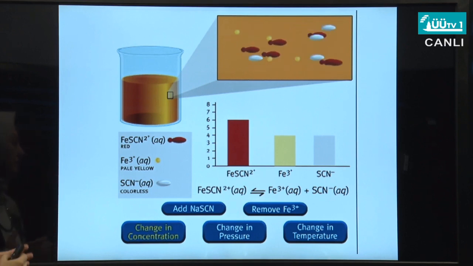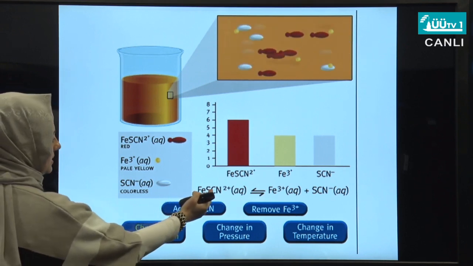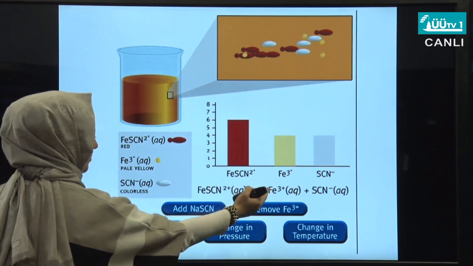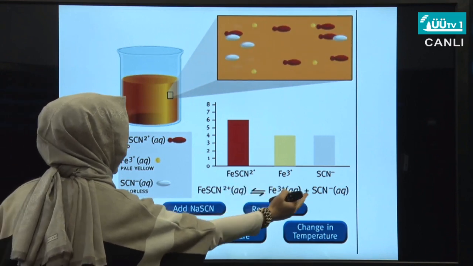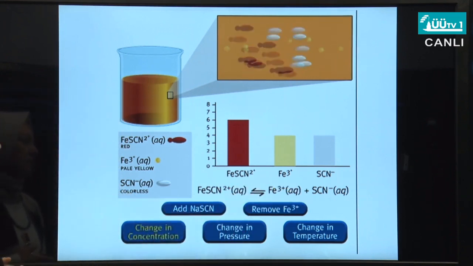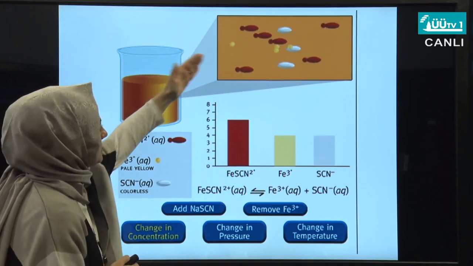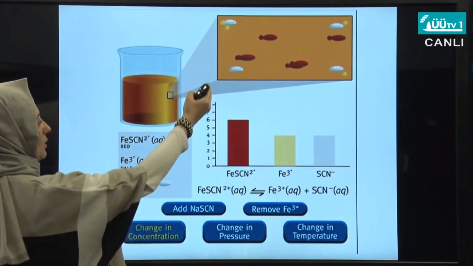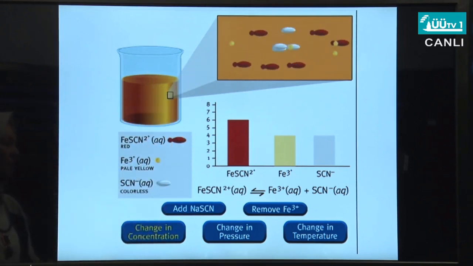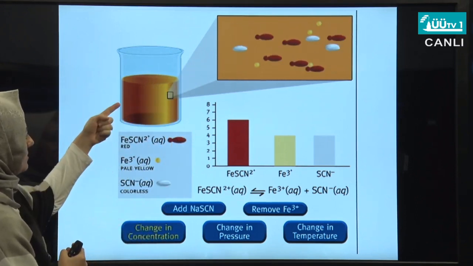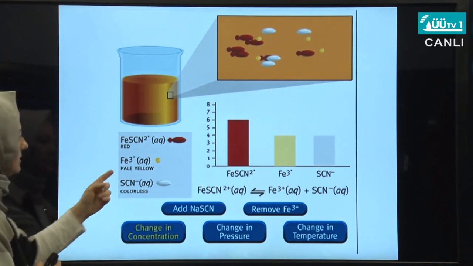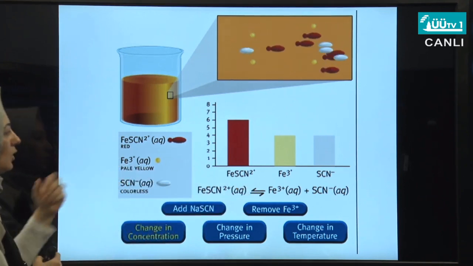Here, the system we study is iron thiocyanate decomposing into iron(III) and thiocyanate ions. You see our reaction medium here, and the atomistic, microscopic view can also be seen here. Iron thiocyanate has a reddish color, and iron(III) has a yellow color.